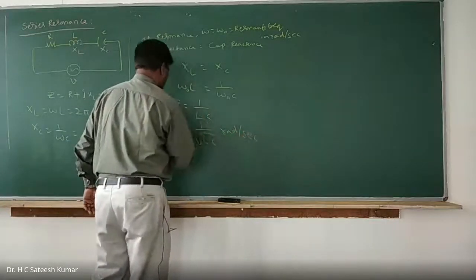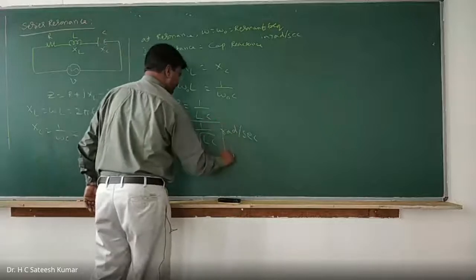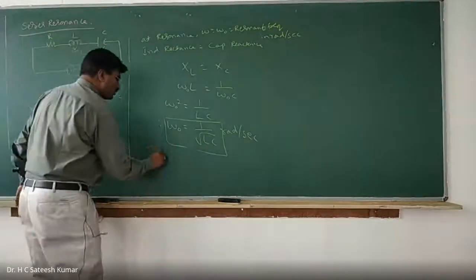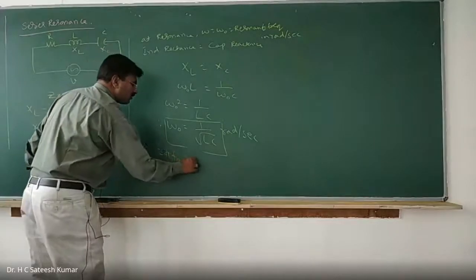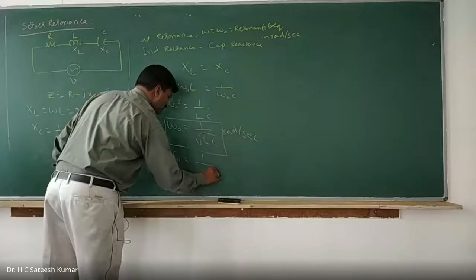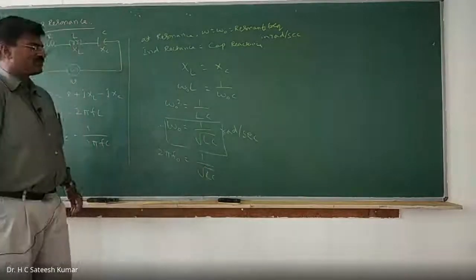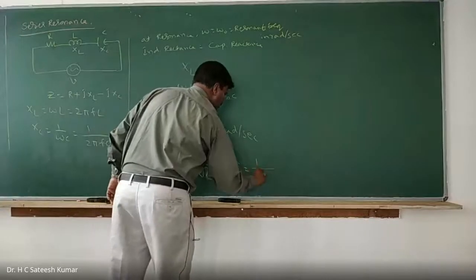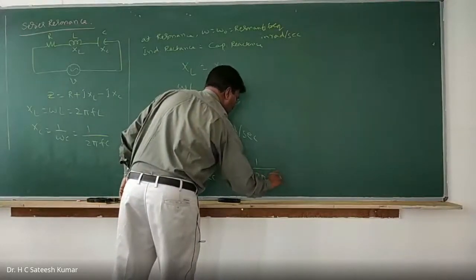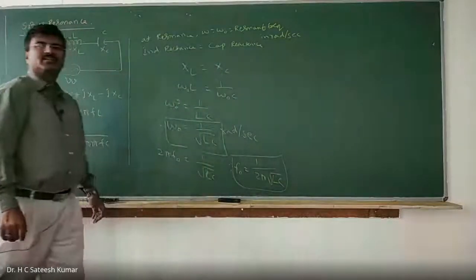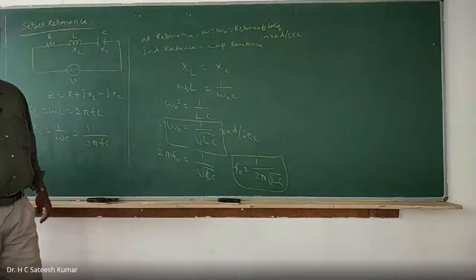So this is one way of defining it in terms of angular frequency. Similarly, omega naught is equal to 2 pi F naught, which is equal to 1 over root LC, where F naught is the resonant frequency. Therefore, F naught is equal to 1 over 2 pi root LC. So this is the resonant frequency of a series resonant circuit, right?